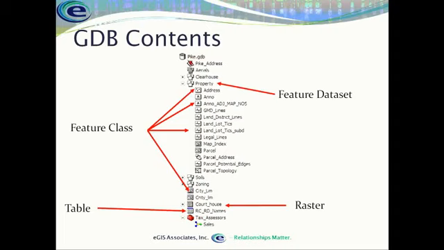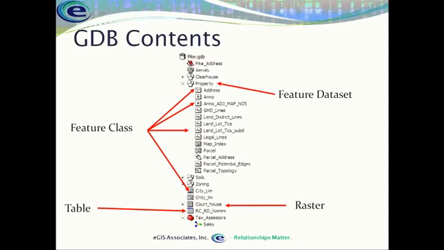We see a standalone table being stored, the RC_RD names table, so we can store tables within here as well as our spatial data. You can also see at the top where it says Pike_addresses, that is our address locator, what we use for geocoding addresses against our spatial data. So we can store address locators in here.